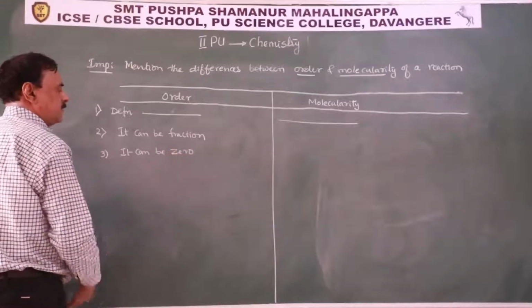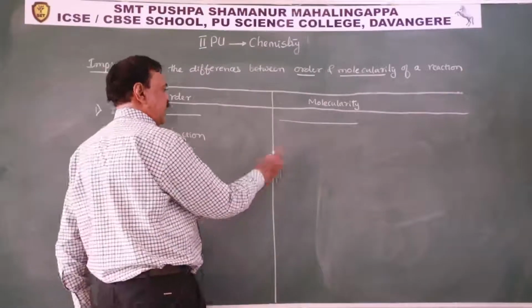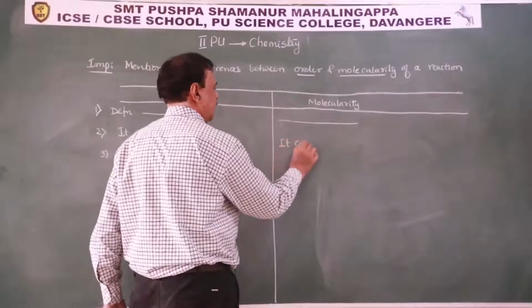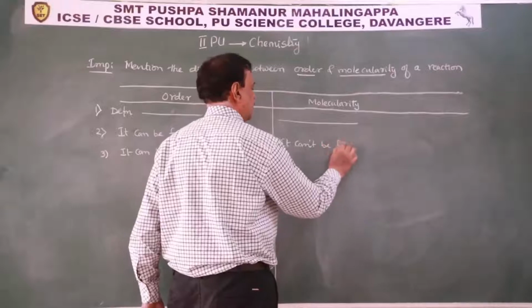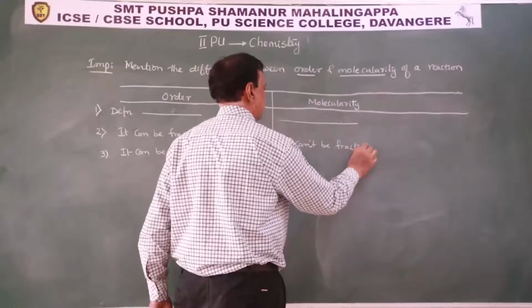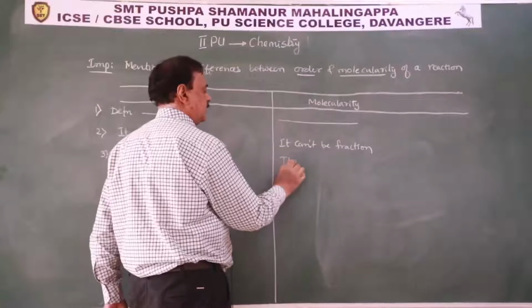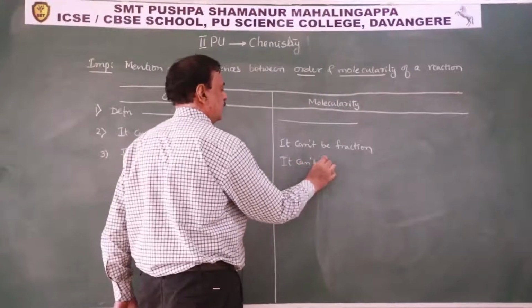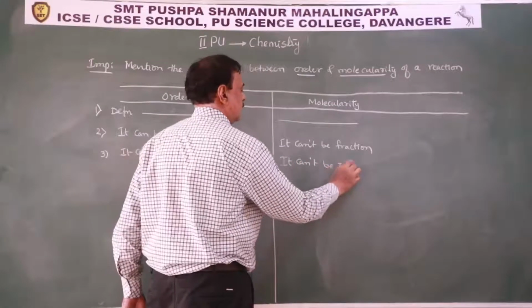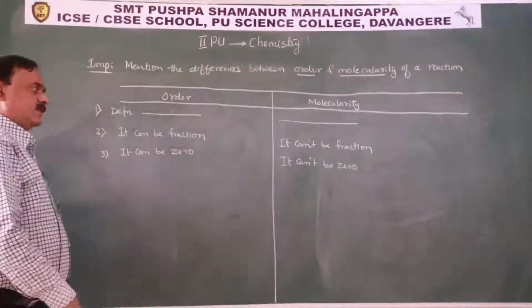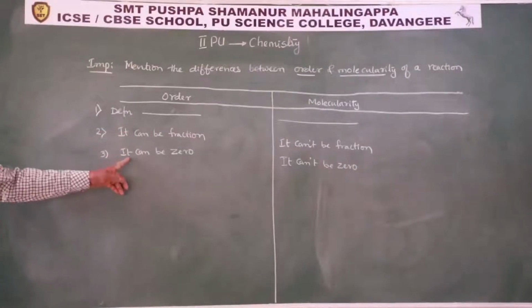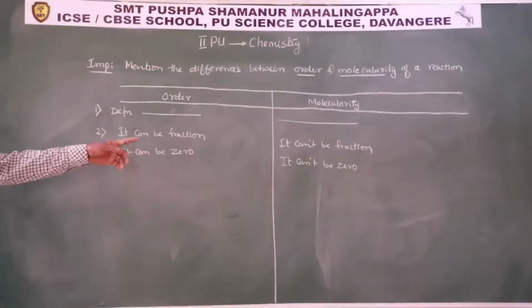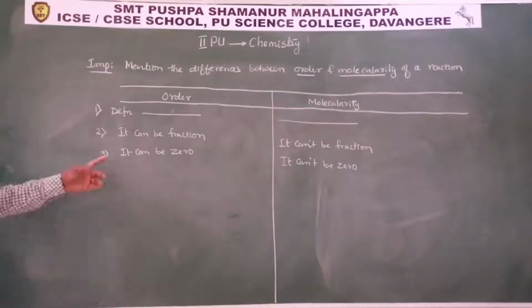This is very important: molecularity cannot be a fraction and it cannot be 0, as already mentioned. Order can be 0 and can be a fraction, but molecularity cannot be a fraction and cannot be 0.